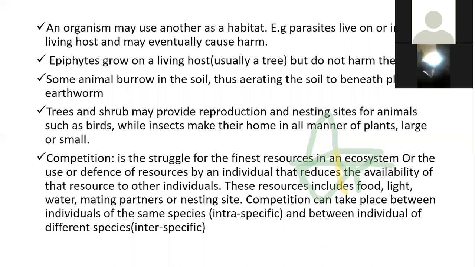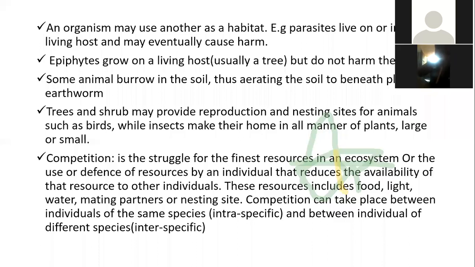But when it involves individuals of different species, it is called inter-specific competition. So for the intra, you have organisms of the same species. If it's goats, it's all goats or sheep, competing for a particular kind of resource in the ecosystem.